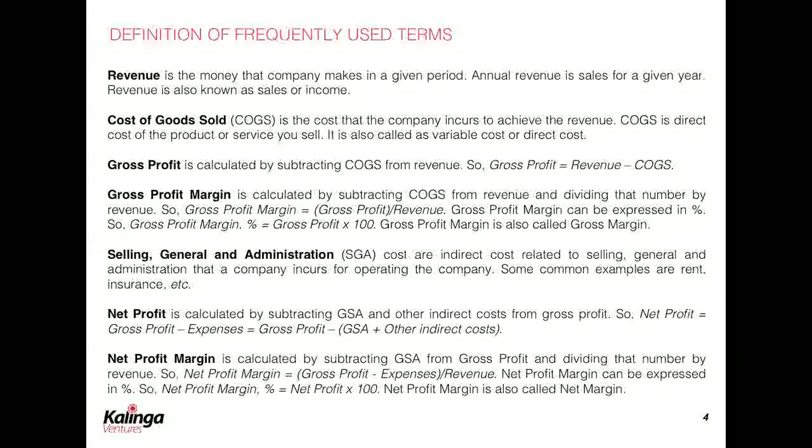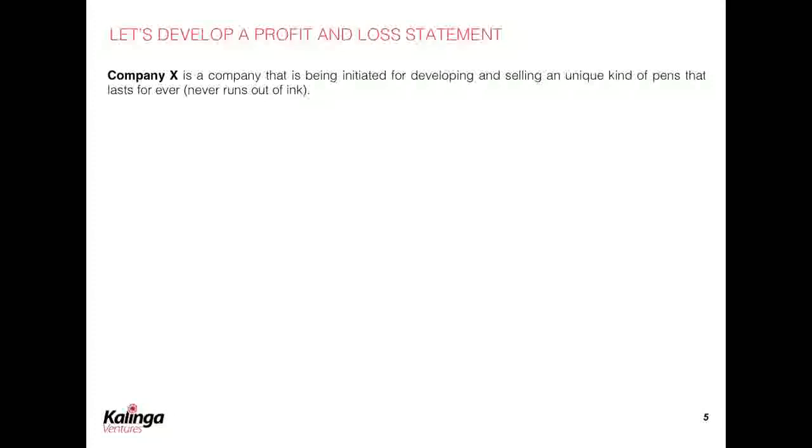So now let's start building an income statement. Let's look at a company. The company name is X, and they are developing a pen which lasts forever. So they have a pen that never runs out of ink.